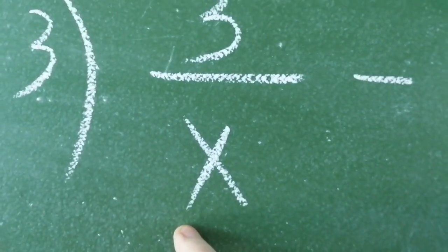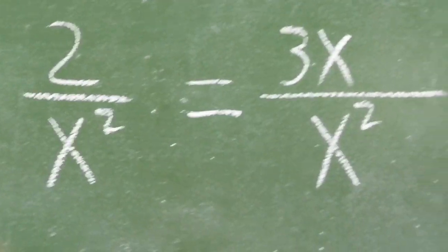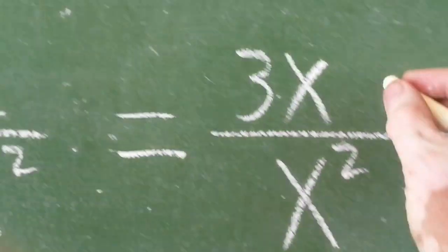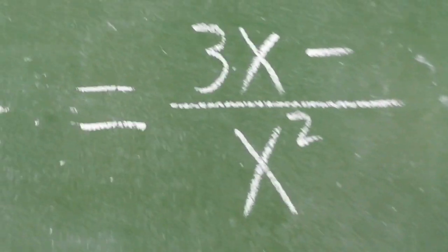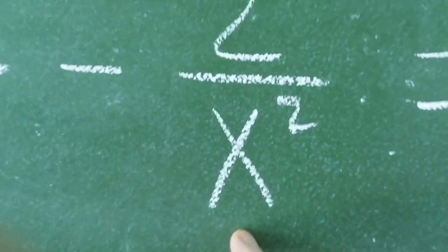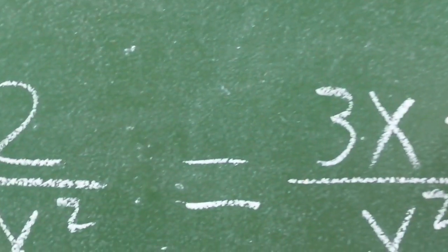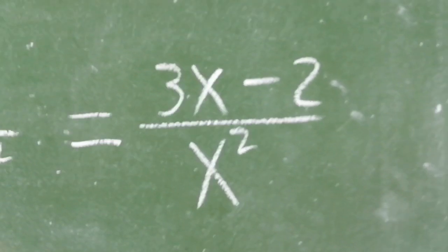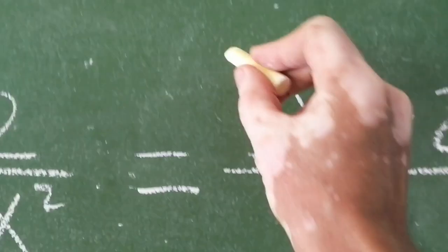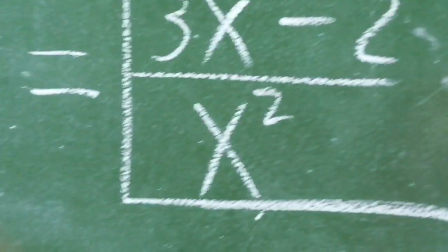So, you have x times 3. That will be 3x minus, okay, x squared divided by x squared will be 1 times 2, so it's 2. So that's the answer. You will notice that this is easy.